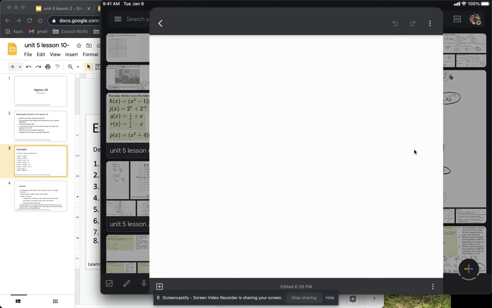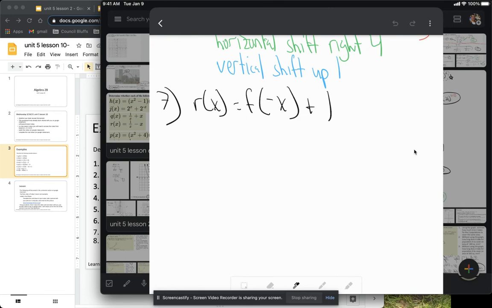So let's first do the plus 1. The plus 1 outside the parentheses tells me that this is going to be a vertical shift up 1. Outside the parentheses, we don't do the opposites. So plus 1 means up 1.